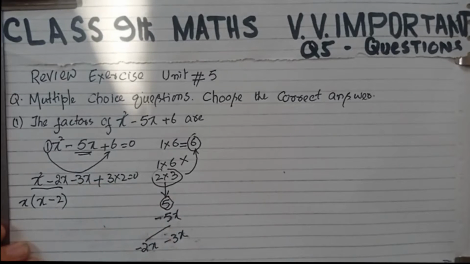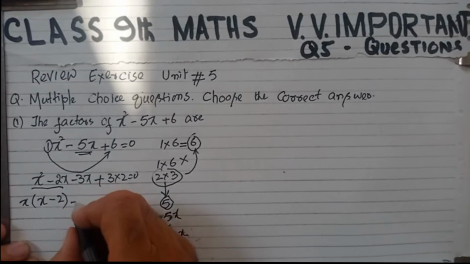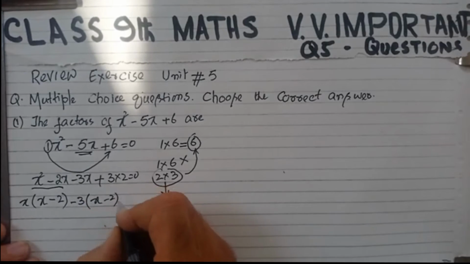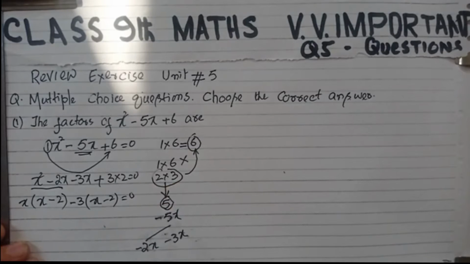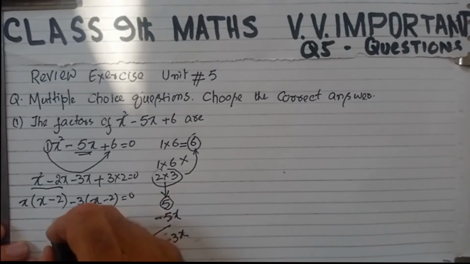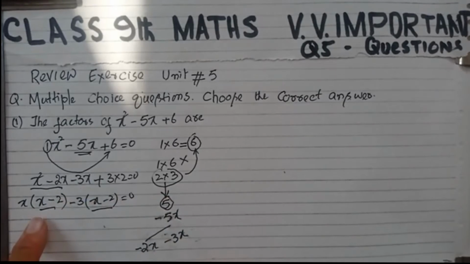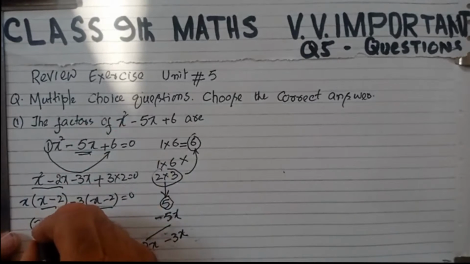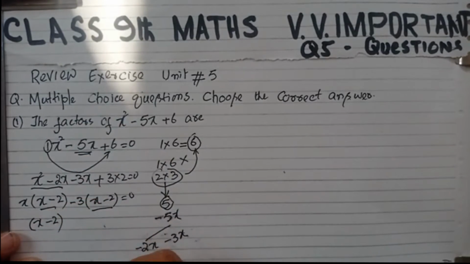And what's common in the other part is minus 3, so x minus 2 is left there too. Taking x minus 2 common, we are left with x minus 3.